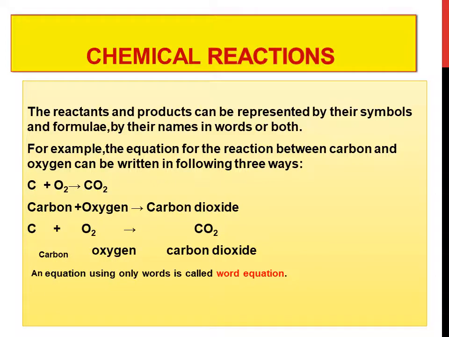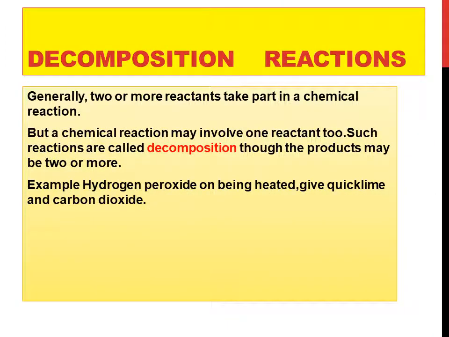But a chemical reaction in which we have only one reactant that is decomposed to give two or more products is called a decomposition reaction. Okay, so here I've shared the definition. A chemical reaction that involves only one reactant, such reactions are called decomposition reactions.